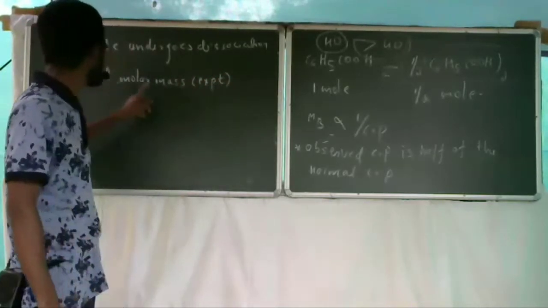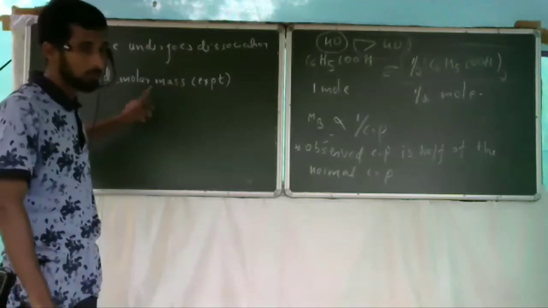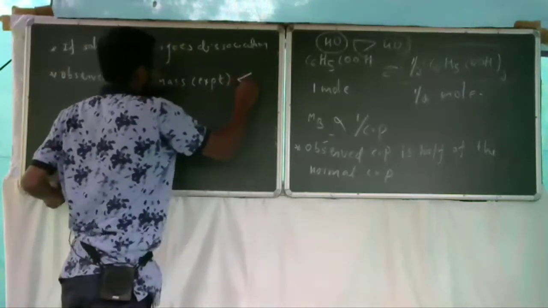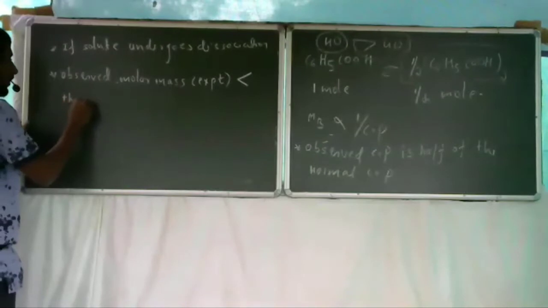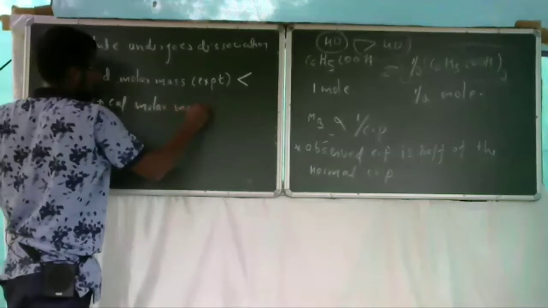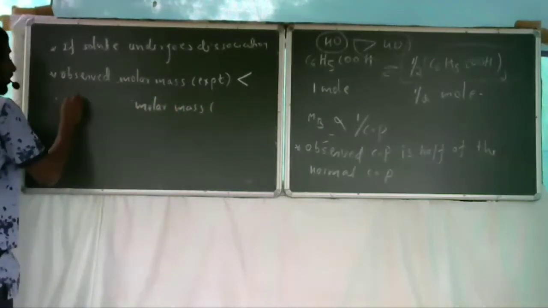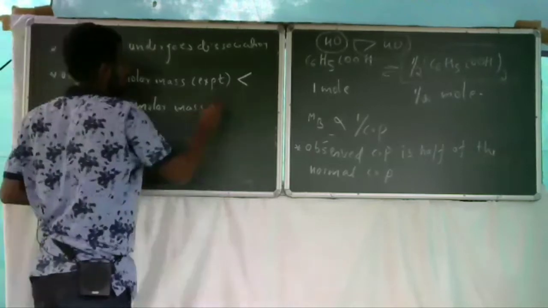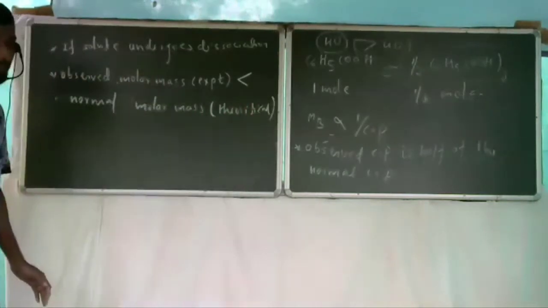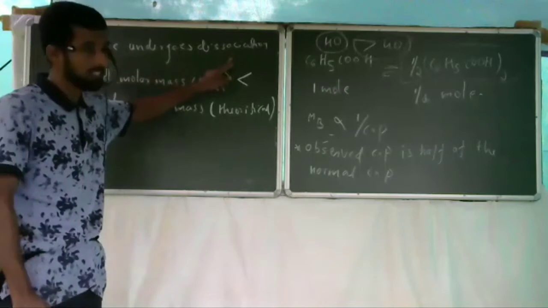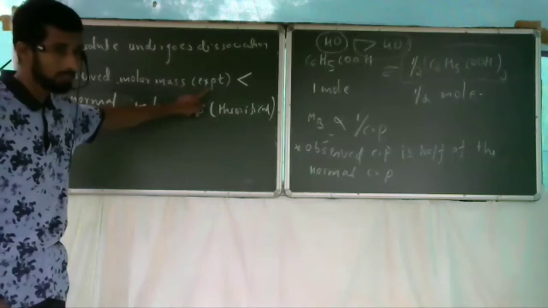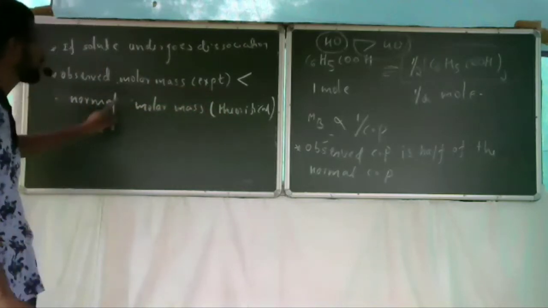It is always lower than the theoretical molar mass. Normal molar mass is nothing but theoretical molar mass. Here in case of solids undergoing dissociation, observed molar mass, that is molar mass calculated using experimental method, is always lower than the normal molar mass.